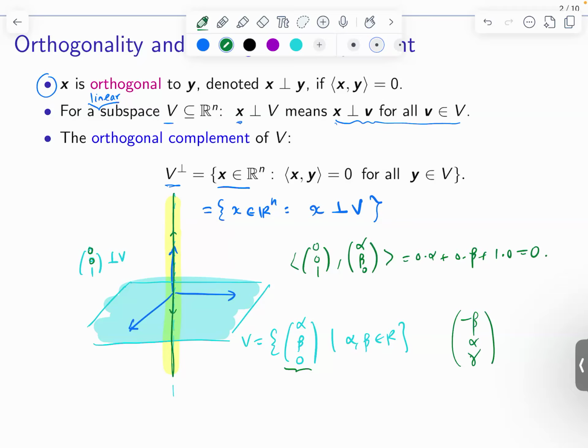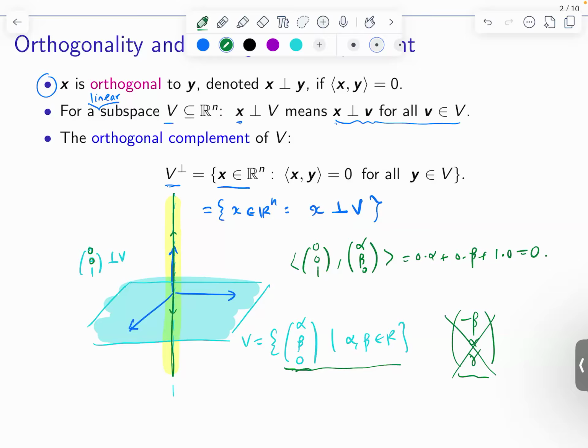This alpha and beta are a particular set of numbers. When I write something like this, these are dummy variables, so it's not a well-defined vector. You have to plug in beta, alpha, and gamma, and if you plug them in, it's going to be orthogonal to one of these vectors, but not all of them. So this will rule out. Okay, does that make sense?